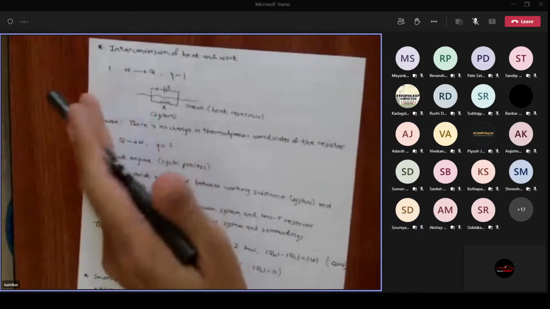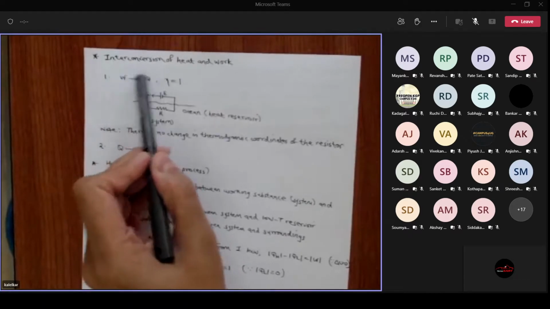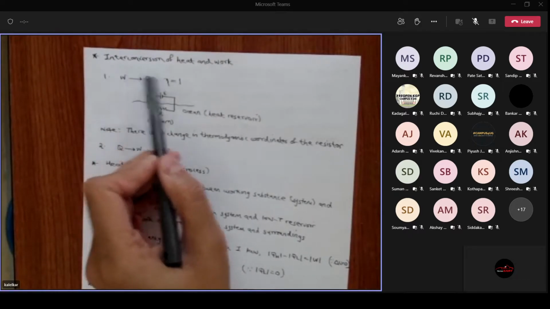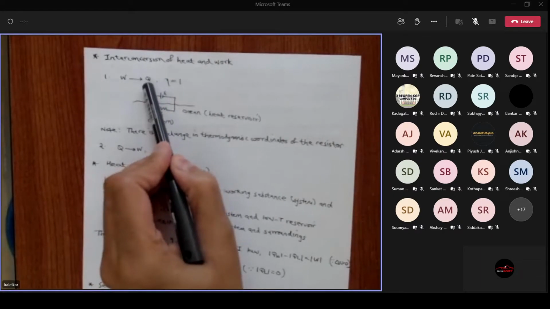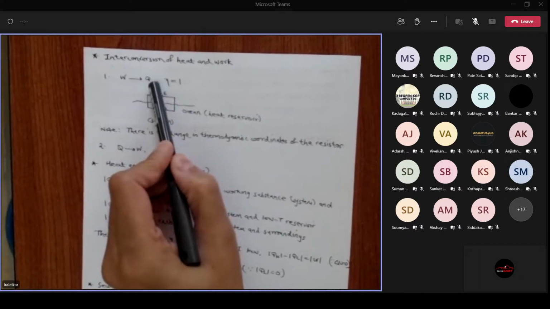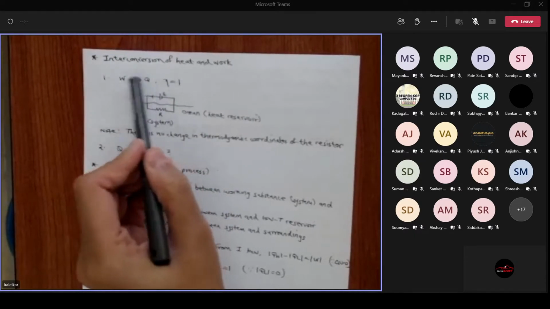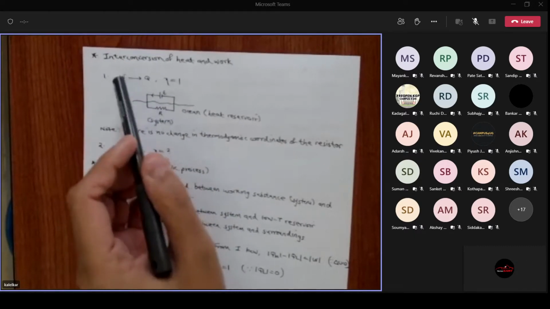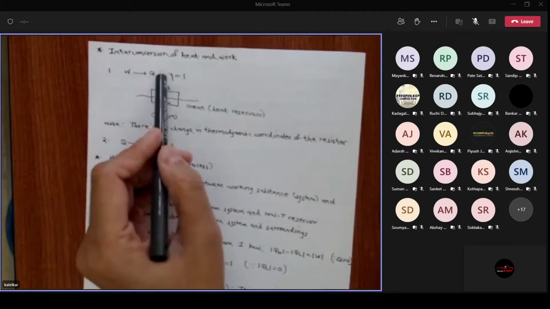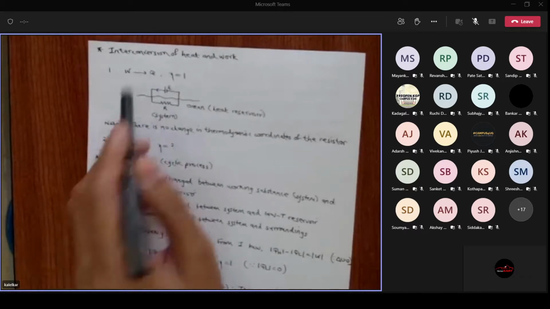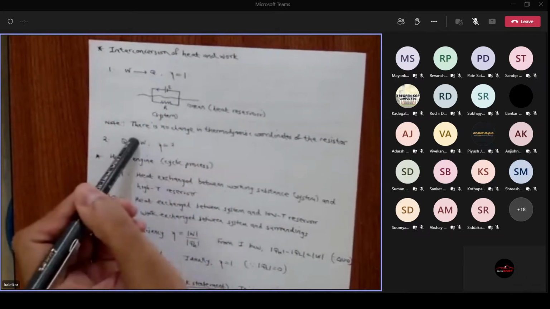See, as far as the first law is concerned, this process from here to here is possible with 100% efficiency, and so is the reverse process, because ultimately it's a conversion of energy, and the first law says energy is conserved. So I should be able to go back and forth with 100% efficiency depending on the setup.